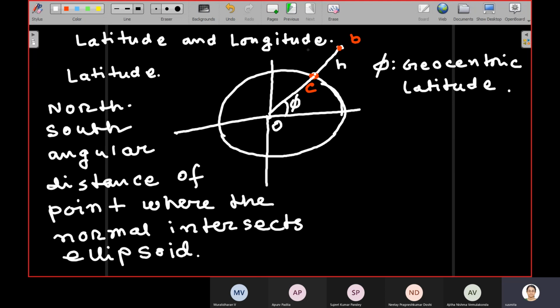The second approach is to extend this normal, this is the normal, further and find the angle that the normal makes with the equatorial plane. This angle is called geodetic latitude.